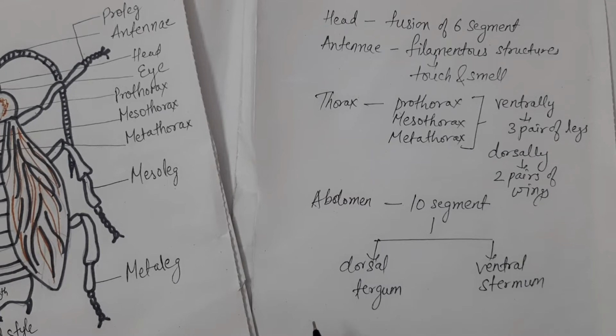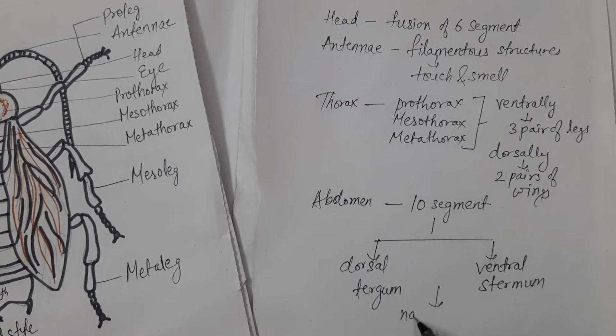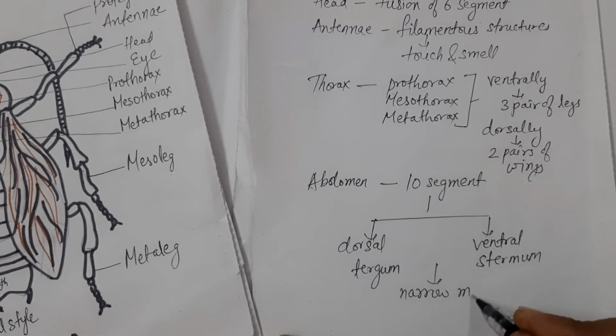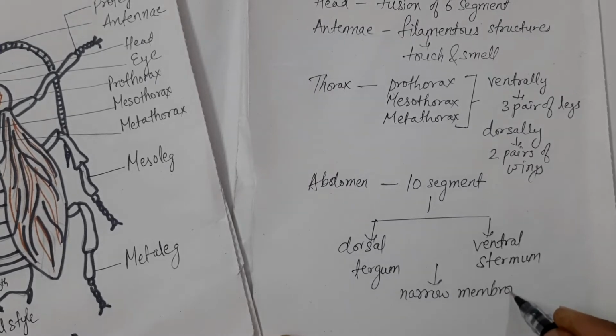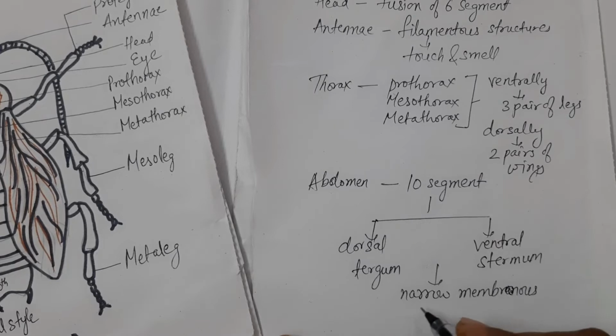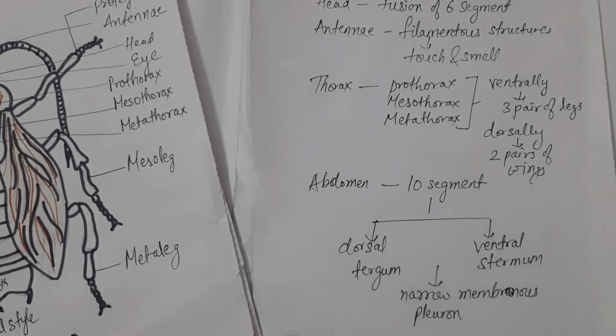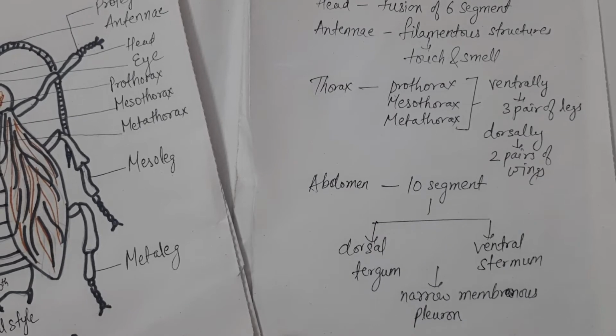A narrow membranous pleuron on each side. So on each side there is a narrow membranous pleuron.